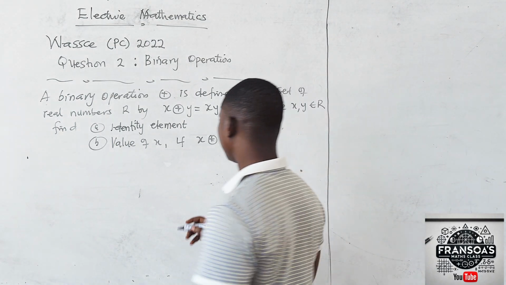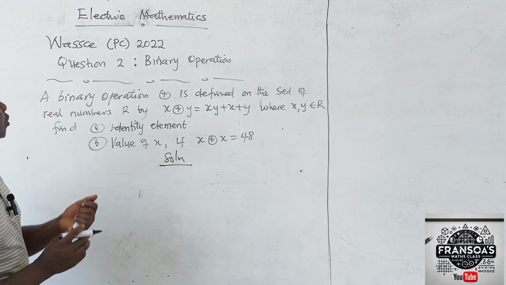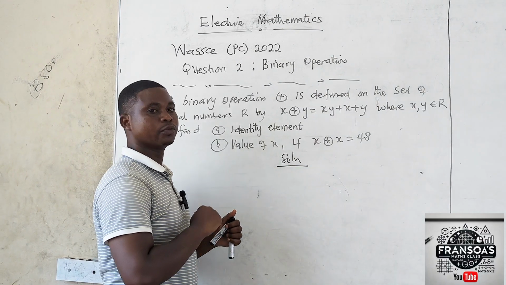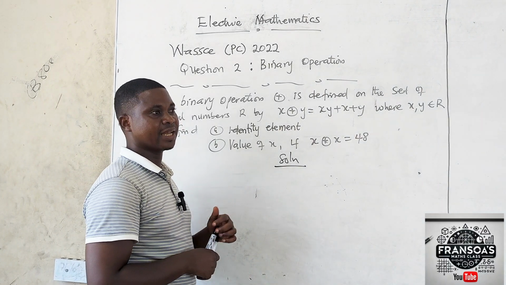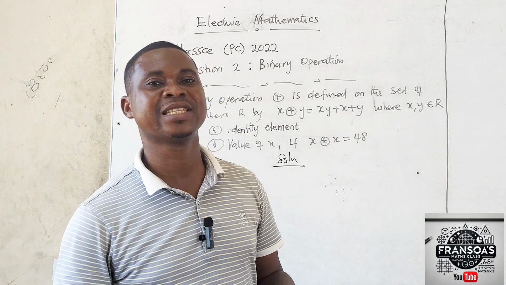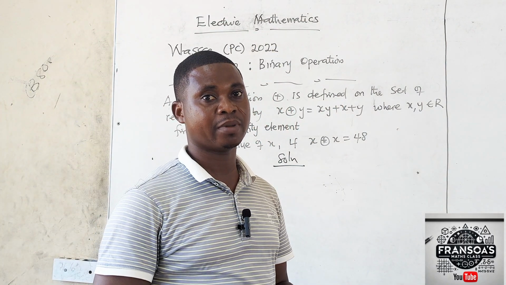So let's look at how we solve that. We look at the first one. We are asked to find the identity element. When you talk of identity element, it is the number that, when you operate the identity element on a number, you still get the same number.